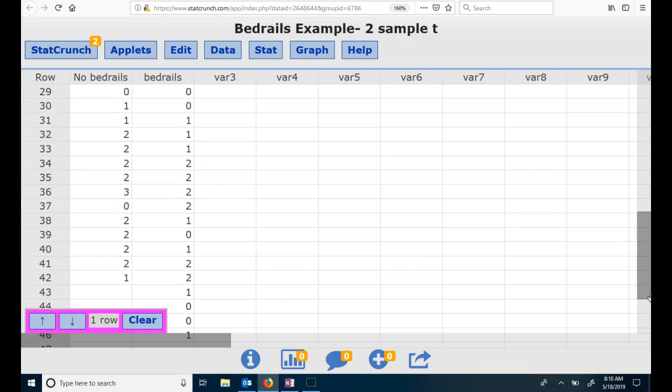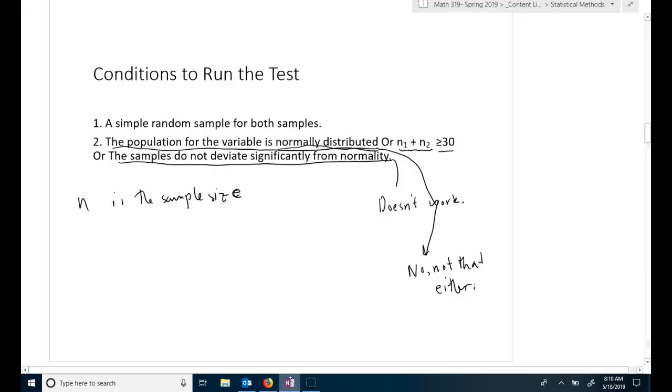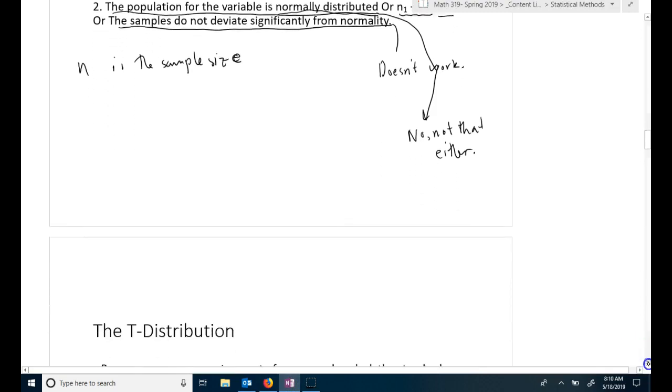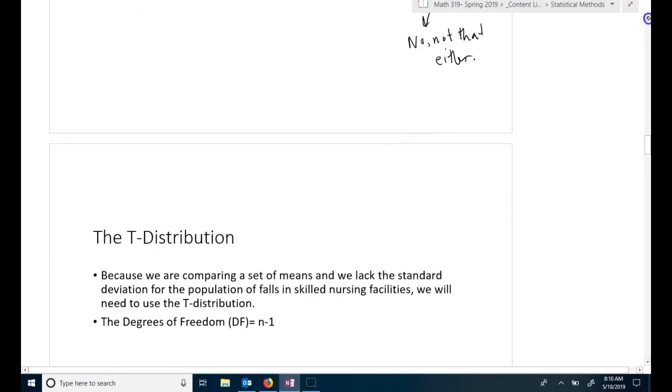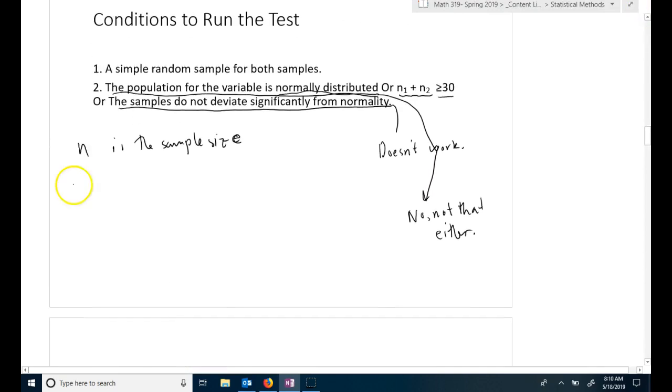Okay, so N1, we'll say is 42. N2 was 46. 46 plus 42 equals 88, which is greater than or equal to 30.